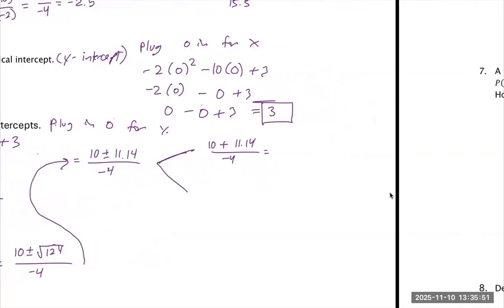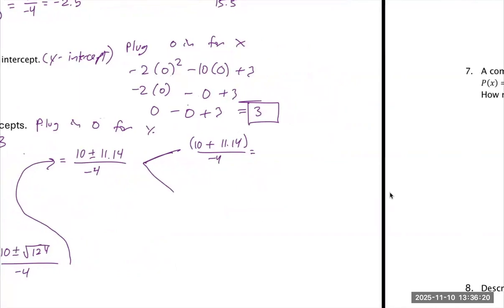When you try to put something like this into your calculator, you have to make sure to put this numerator in parentheses. Otherwise, it's going to do 10 plus 11.14 divided by -4, and you'd only divide the 11.14 by -4. So you would want to make sure, putting this into the calculator, you do the parentheses.